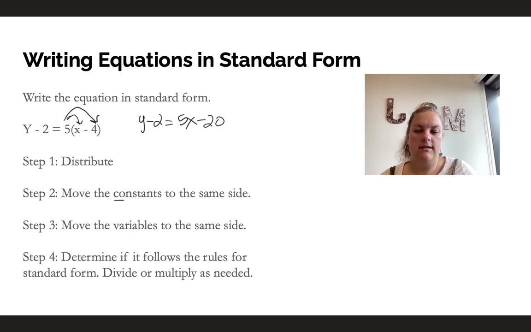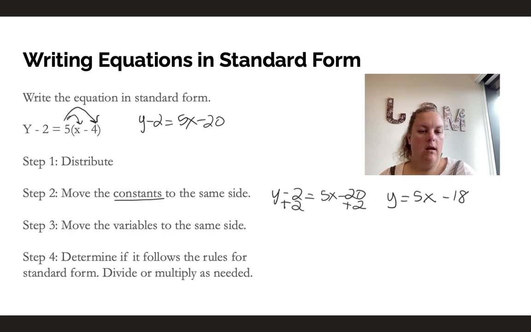Then we want to move the constants. Constants are whole numbers. So we have y minus 2 equals 5x minus 20. Our constants are the minus 2 and the minus 20. We want to get them to the same side. And I'm going to do that by adding 2 to both sides. And I get y equals 5x minus 18.